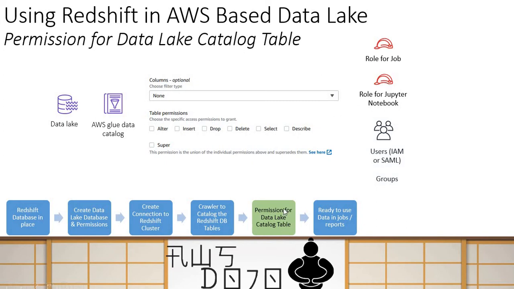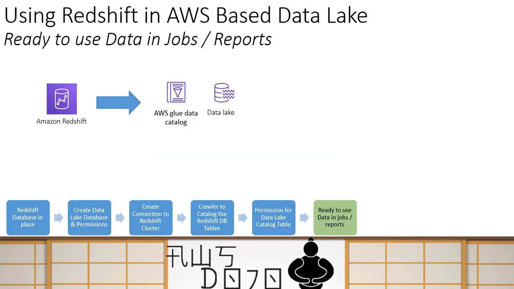We need to assign permission on this data catalog so that the jobs or the notebooks or the reports which you want to run against this catalog have permission to access the data. And guess what, guys? After that, you are good, because your data is cataloged and your data permission has been set.